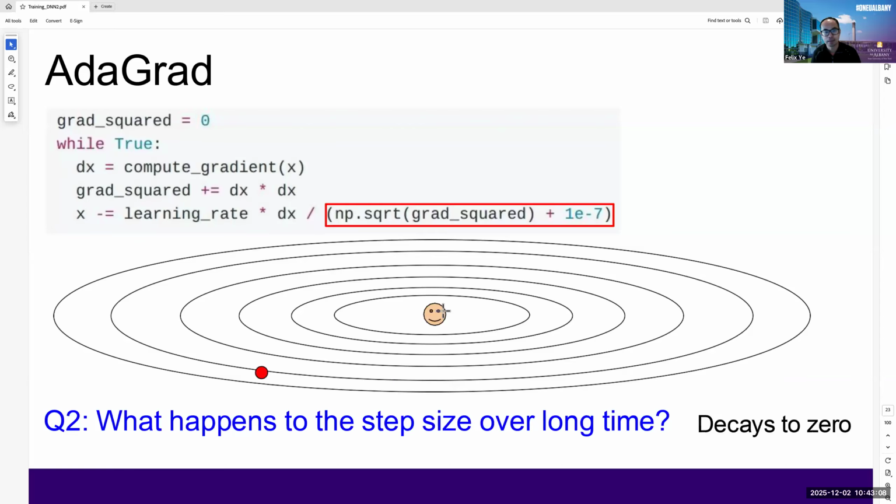Another issue is that the step size is always divided by the square root of the sum of squares of the past gradient information. So the gradient is getting bigger and bigger, your learning rate is getting smaller and smaller, which means the step size is getting smaller and smaller. So basically, automatically you are doing the scheduling already.